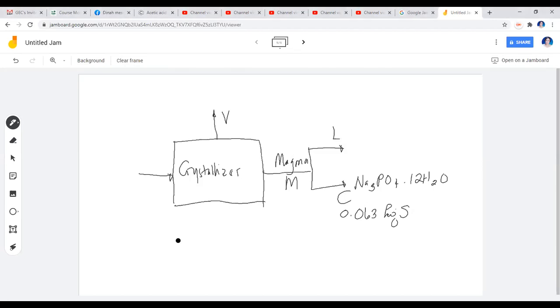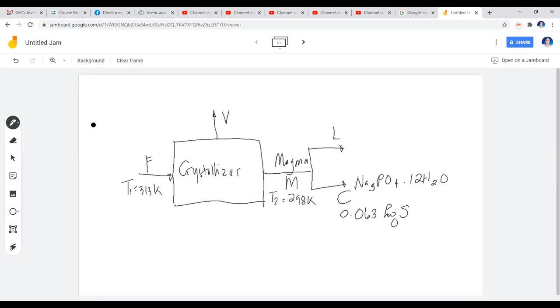Okay, now we go back here, and it's given that the cooling of the feed, so this is our feed, is from an initial temperature of 313 Kelvin and a final temperature of 298 Kelvin. So true to the process of cooling, your feed decreased in temperature from 313 to 298.